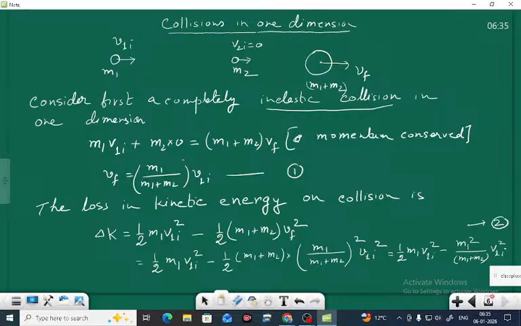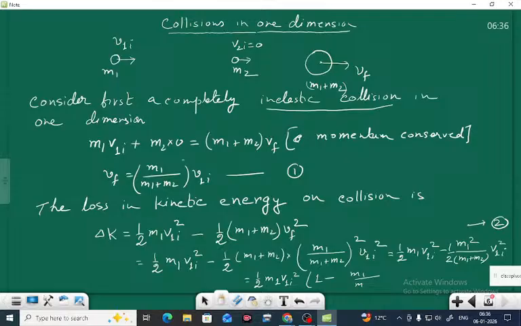Now if we take 1 by 2 m1 v1 initial square as common, we get 1 minus m1 divided by m1 plus m2.